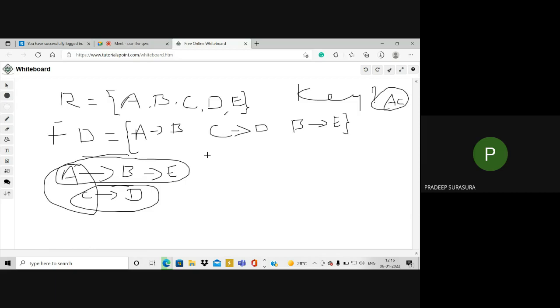Don't worry about B determines E, because that is a transitive dependency, which comes in third normal form.